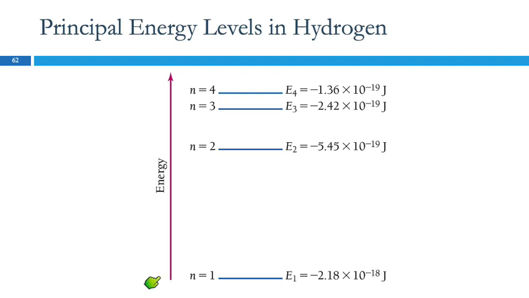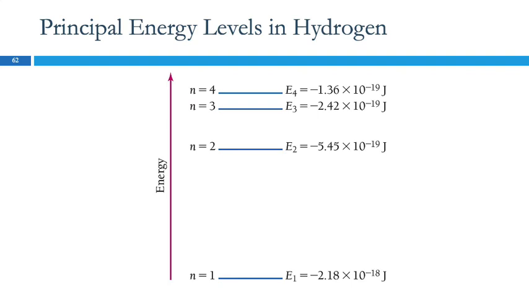So this is the energy at different principal energy levels. This is the first one, negative 2.18 times 10 to the minus 18. And then n equals 2, this is higher in energy.